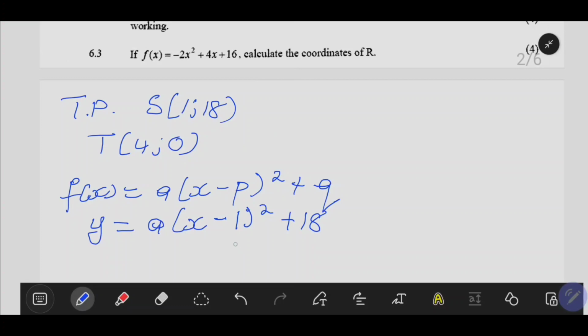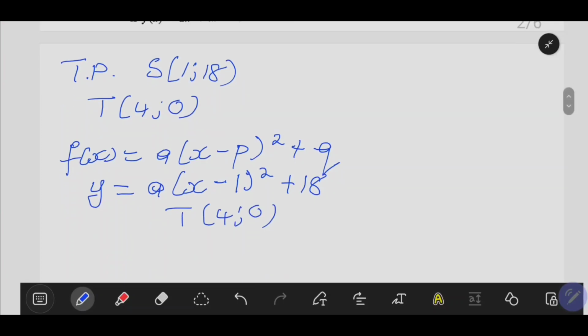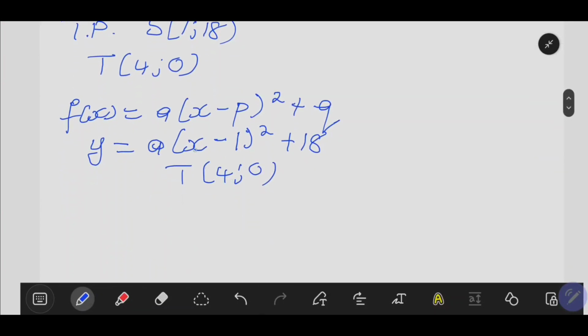Then in this case, we can substitute the values of T, which is (4, 0). Where we see x, we're going to put 4. And then where we see y, we're going to put 0. The aim is to solve for a.